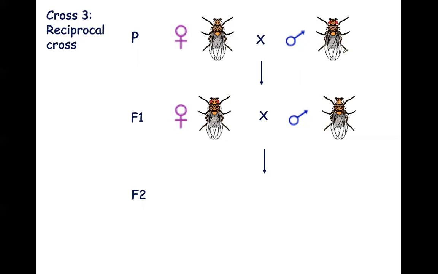So for example, here, we know we're going to have Y. It's red, so that's a W plus. W plus is red, W is white. This is a female, no Y. White eyes. What does that mean? WW, because W is white.